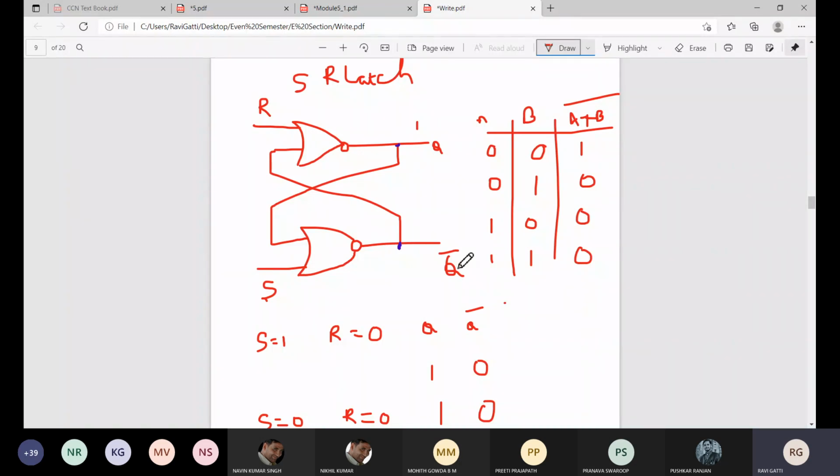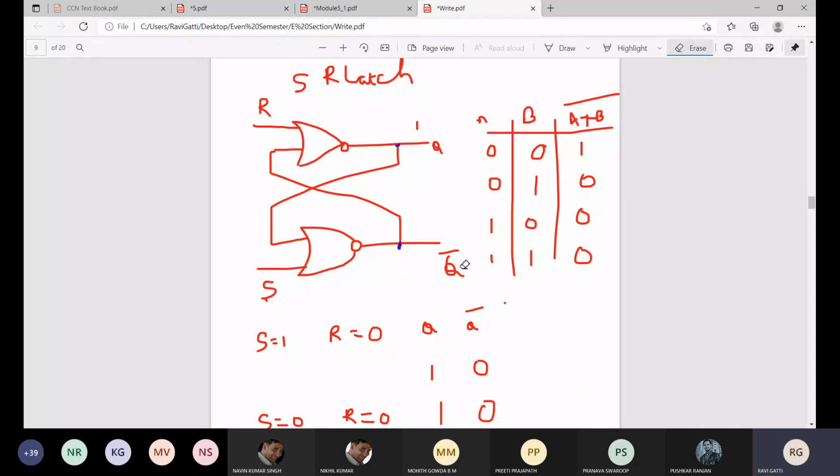In sequential circuits you should remember that Q and Q bar are always complements of each other. If Q is equal to 0, then Q bar will be 1, or if Q is 1, then Q bar will be 0. So in a sequential circuit, the output always has two values: Q and the complement of Q.